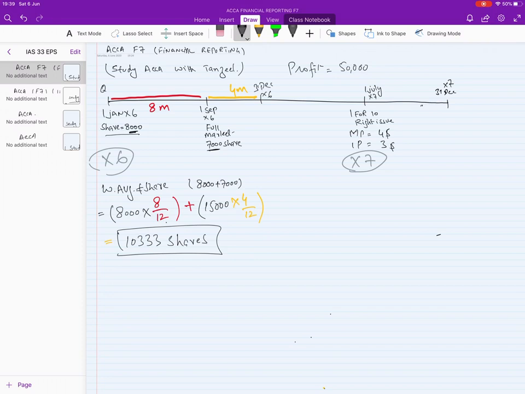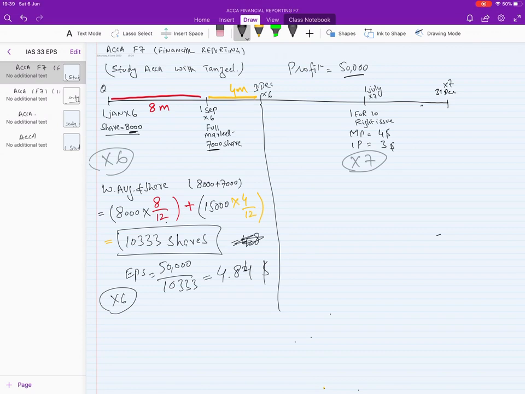If you want to calculate the EPS, it is profit divided by weighted average number of shares. Profit is 50,000 divided by 10,333 shares, which gives you 4.884 EPS. This is 2000 X6.